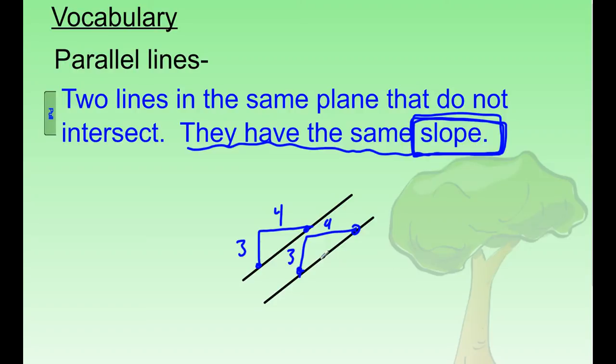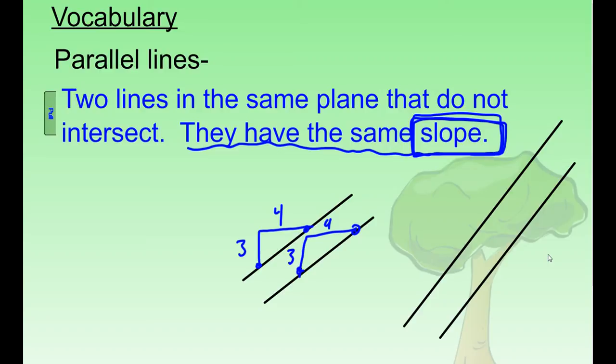Parallel lines always have the same slope, because if they didn't, they wouldn't have the same slant. If the other line has a different slope, eventually, if I extend them forever, they're going to intersect somewhere. The only way they won't intersect is if they are parallel, if they have the same slope.